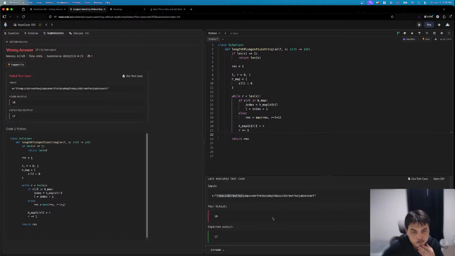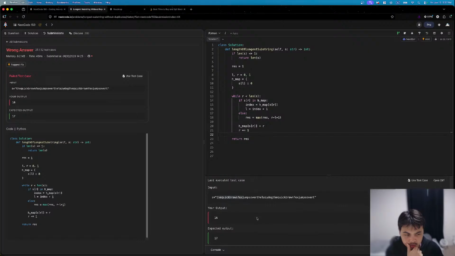Why are they getting 16 though? Not understanding how this is getting 16 though.